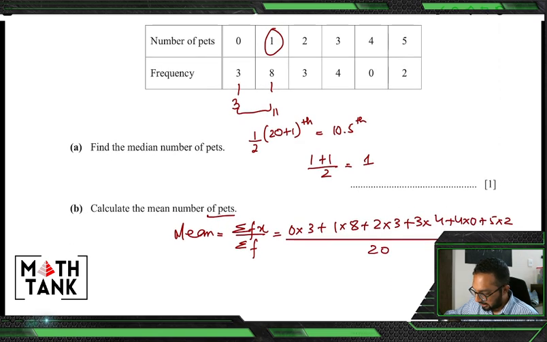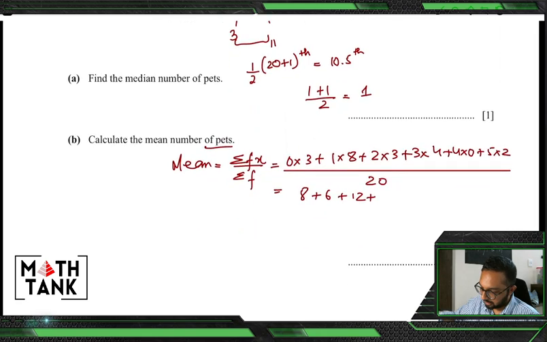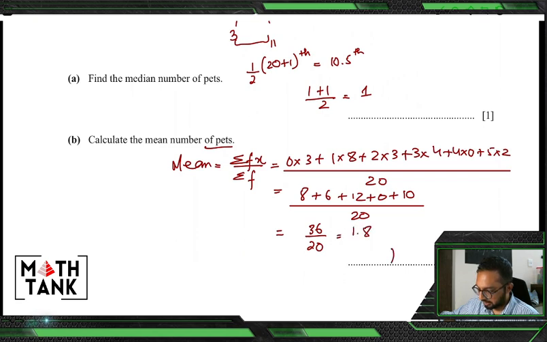Again, you have 2 marks, so make sure that you add up properly. 8 plus 6 plus 12 plus 0, plus 10, over 20. So that's 36 divided by 20. That's 1.8.